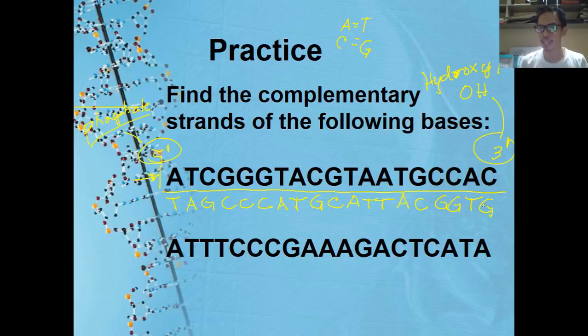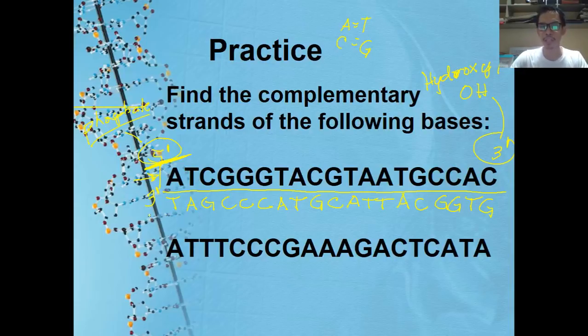Alright, did you get the same answer as mine? If you did, it means you listened to what I said in the lecture a while ago. Now, the problem that we have right here is, what will be the number that we will put on this end? If this is the phosphate, it should be 3 prime.